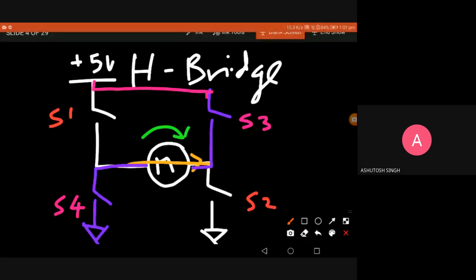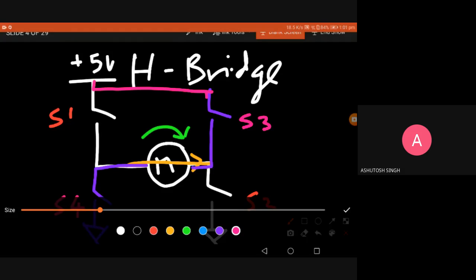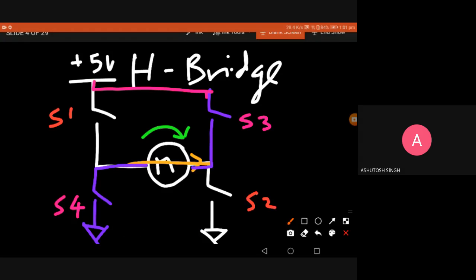Now, if I put S1 and S2 off and I turn S3 and S4 on, what happens? My current direction is changed to right to left. This is my current direction right now. So my motor is going to turn in the anti-clockwise direction. Okay, so this is called an H bridge.